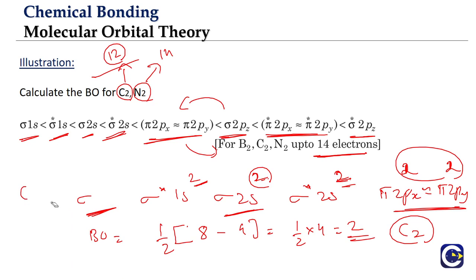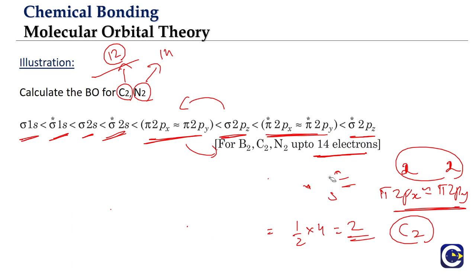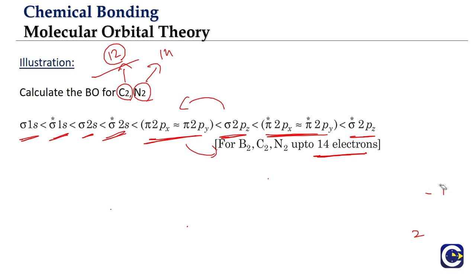Now if you look at the next molecule, N2, we will also be able to find the bond order of N2 using a similar concept. First thing is we have to represent the electronic configuration in the molecular orbitals. Then we will use the formula for the bond order. What is the formula? Half into the number of electrons in bonding orbitals minus the number of electrons in anti-bonding orbitals. Now we are going for N2.